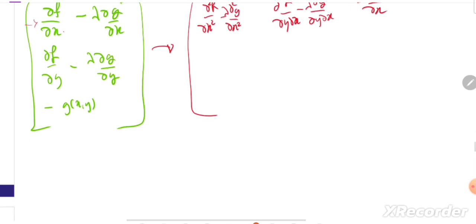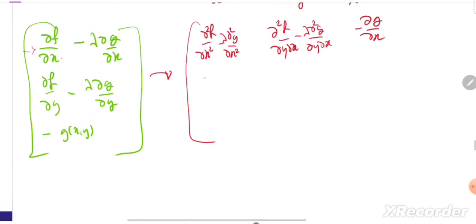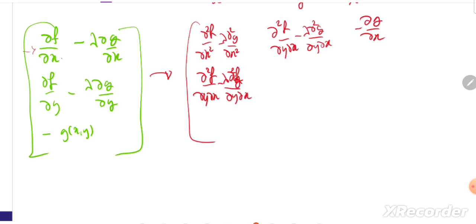We do the same for the second row, which is symmetric: d2f dy dx minus lambda d2g dy dx, then with respect to y again d2f dy square minus lambda d2g dy square, and with respect to lambda just dg over dy.